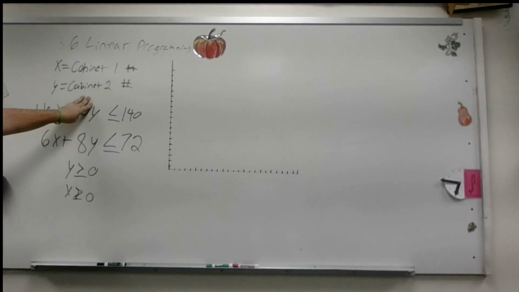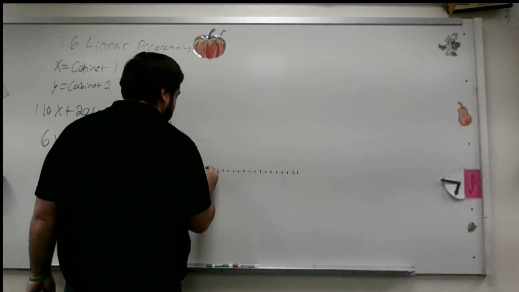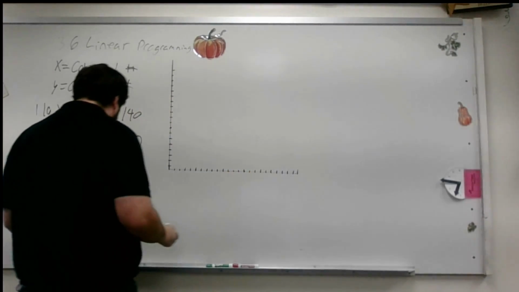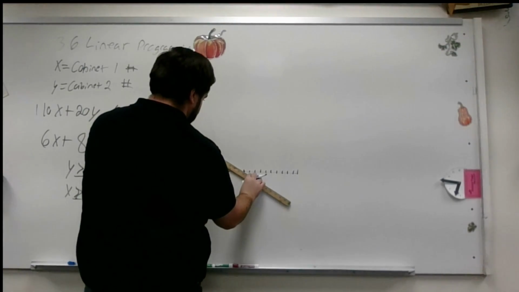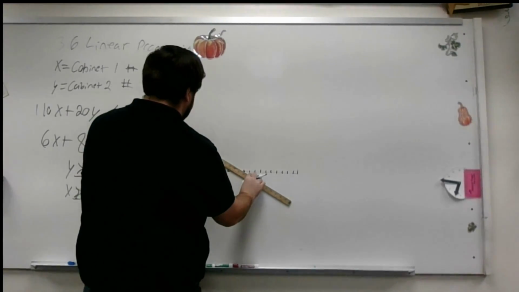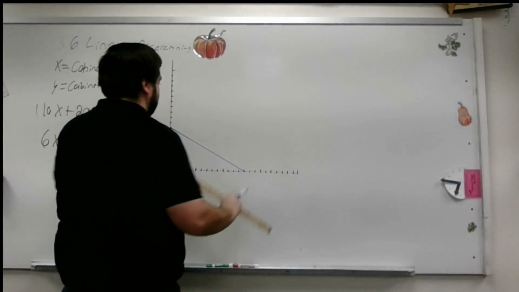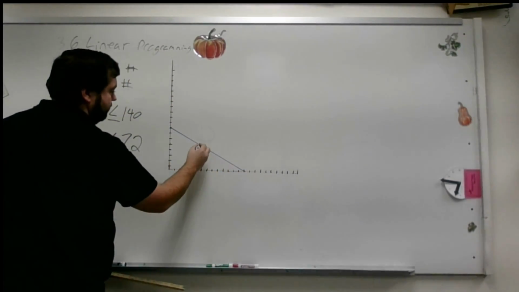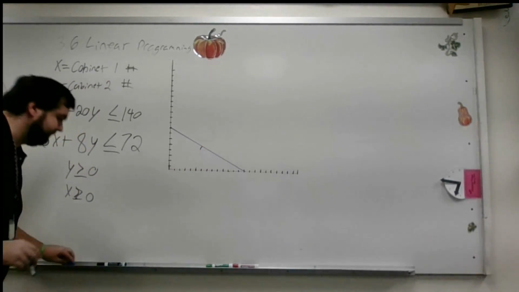Cover that up, we get x is 14. I'm going to connect them. And we said that it's less than, so I'm going to shade below. I'm just going to put a tick mark.